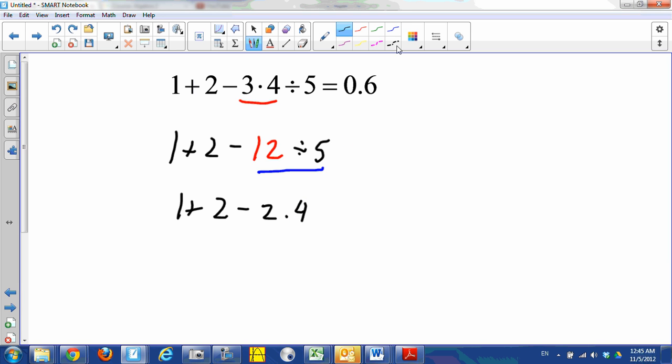I should have made that 2.4 in blue, shouldn't I have? Let's go blue. 2.4, just to demonstrate more clearly.